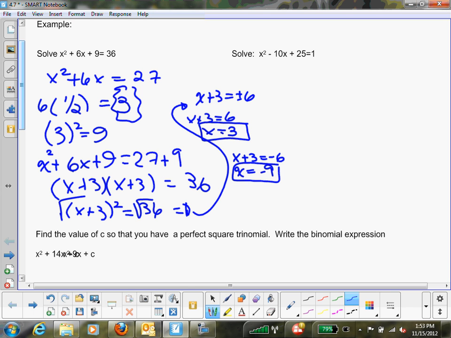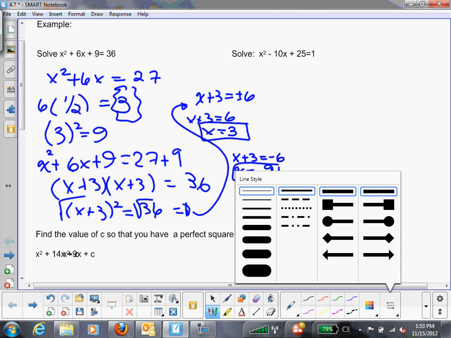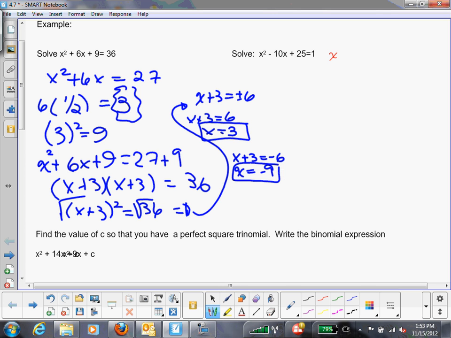Okay, look at the next one. What am I going to do first on this next one? Okay. So that leaves me with x squared minus 10x equals negative 24. Right? What do I do now?